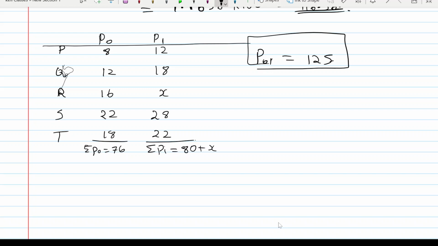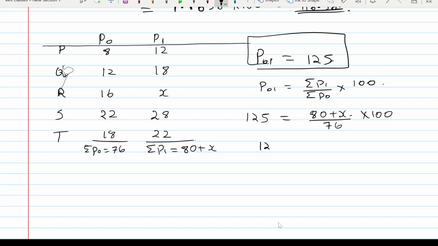So the formula is P01 is summation P1 upon summation P0 into 100. This is given as 125. Summation P1 is 80 plus x divided by 76 into 100. Okay?